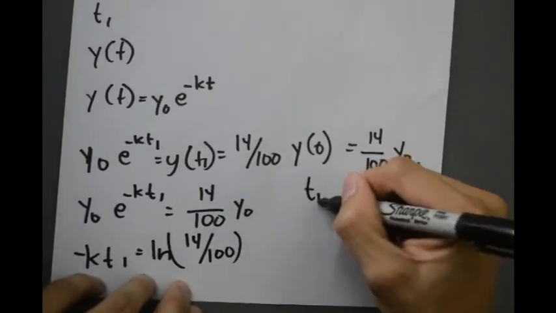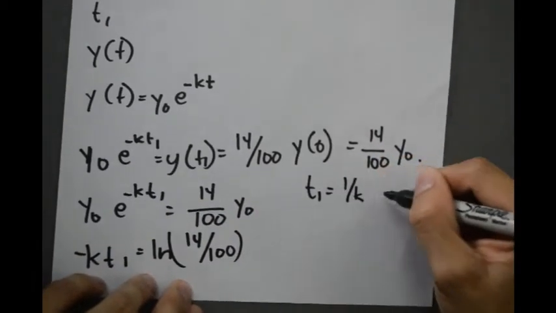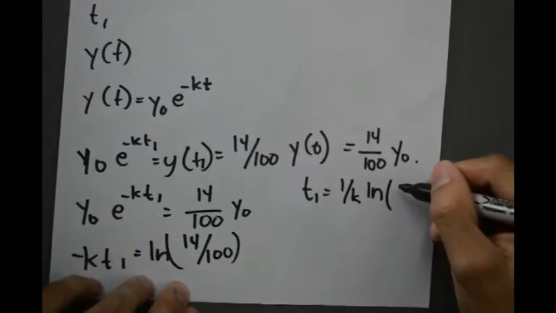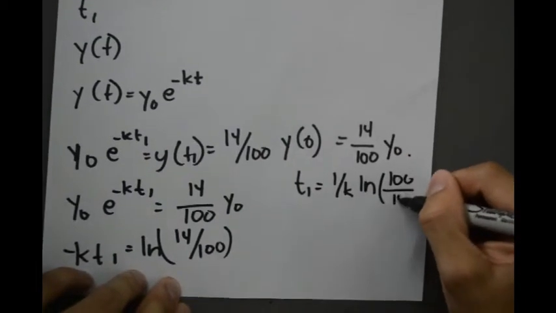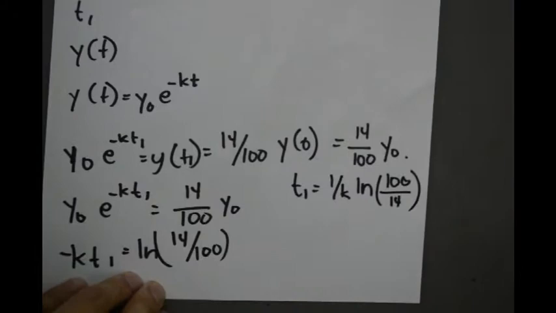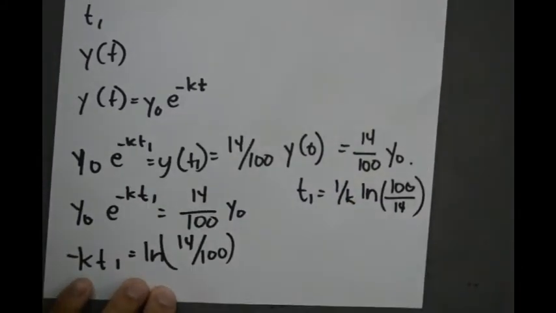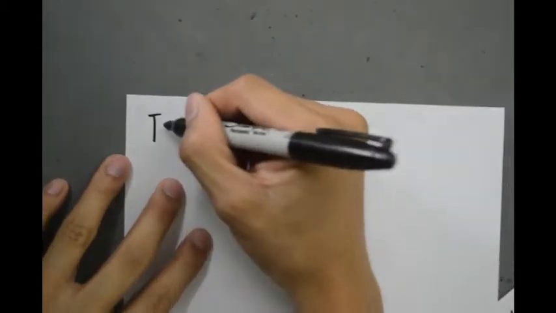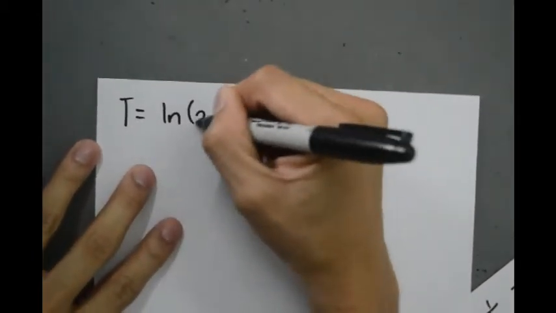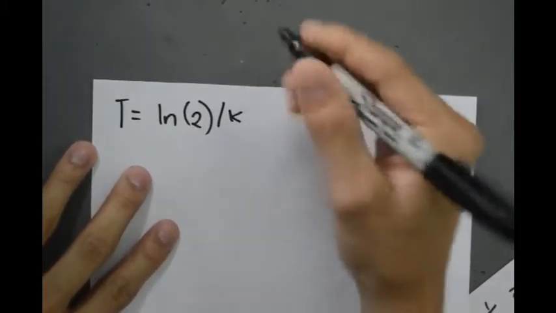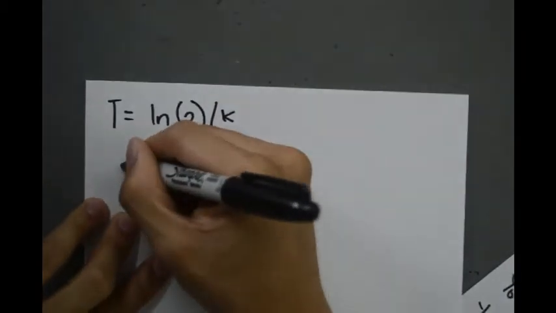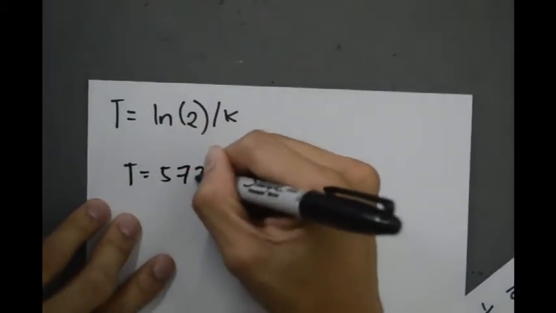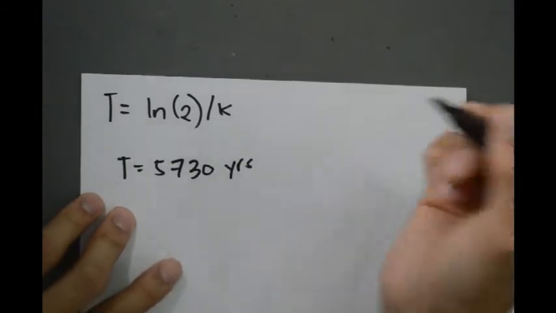So t1 is equal to 1 over k ln of 100 over 14. Recall the half-life T as ln of 2 over k, and the time is equivalent to 5,730 years.